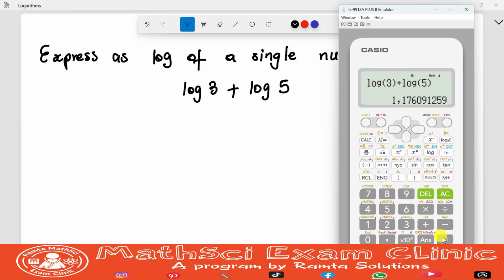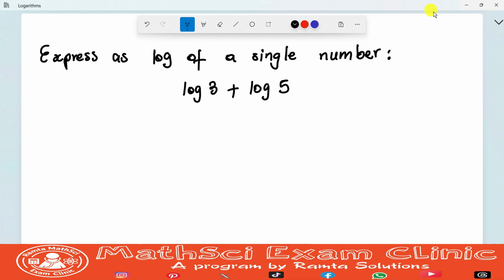Remember the value is 1.176. I'm going to write it here on the calculator. It gives you 1.176. Okay. Now, let's express this as a single number.